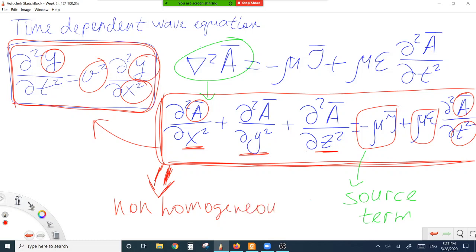It is a much more general expression of the wave equation than the first one.